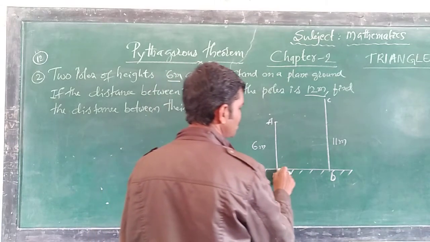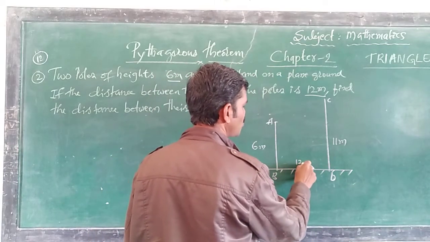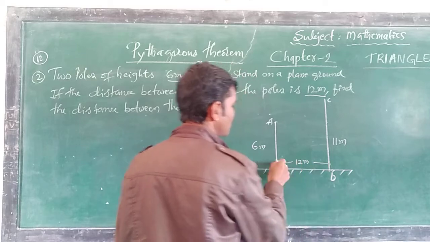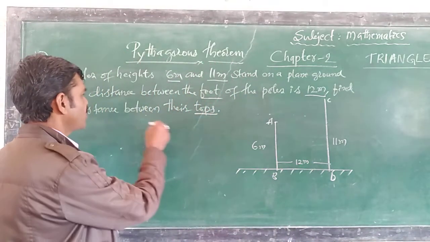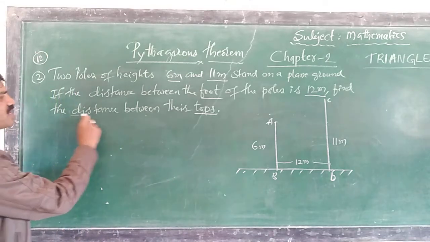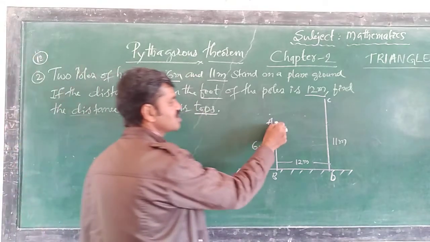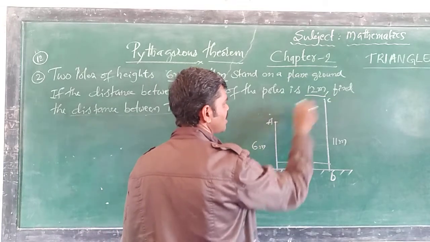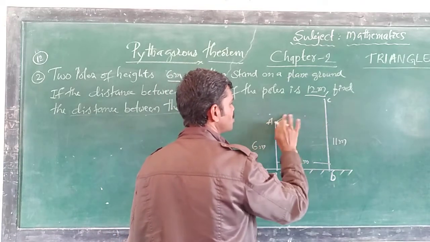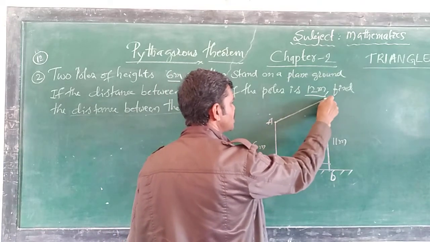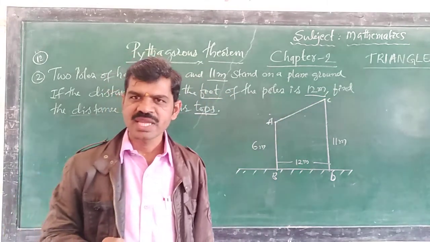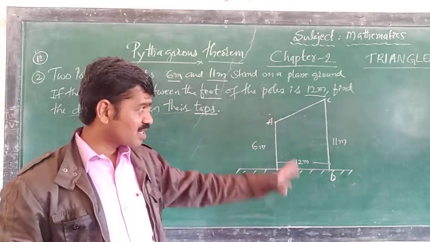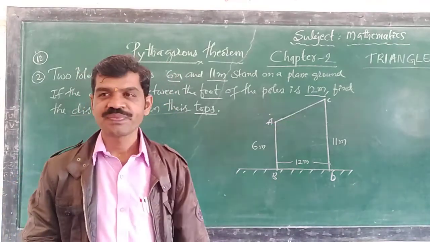The distance between the two poles is 12 meter. They have asked to find out the distance between their tops. So A and C are the tops of the two poles. The distance between the two tops is AC. Directly they have asked us to find out the value of AC.